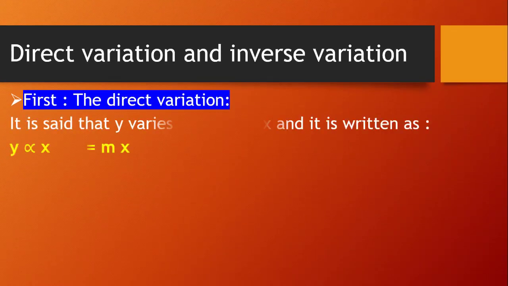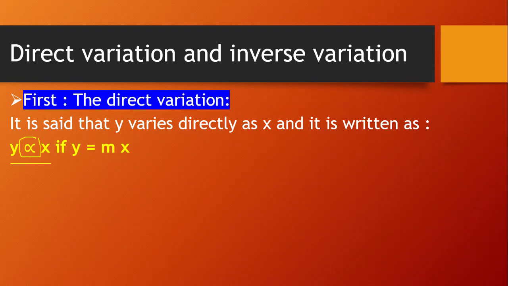If we have two variables, x and y, we can say that y directly varies as x if y equals constant times x. So if you have two variables, x and y, this symbol means directly varies. So y directly varies as x.